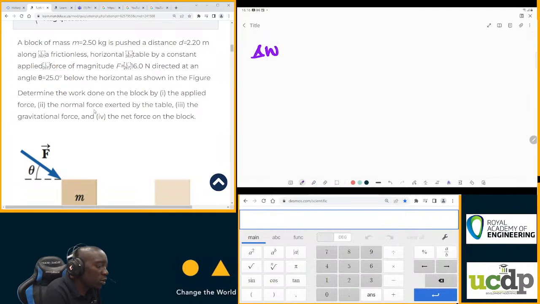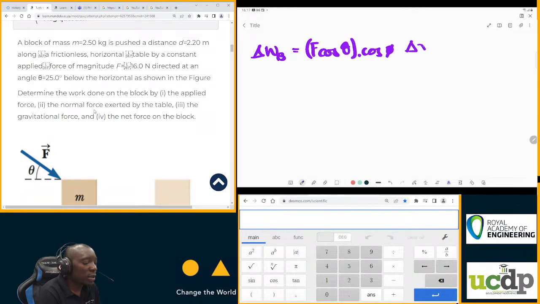Work done on the block equals F cos theta, the component acting along the distance d, times cos phi, where phi is the angle between the component in the x direction and the displacement, then multiplied by delta x, in this case delta d, which is just given as d.